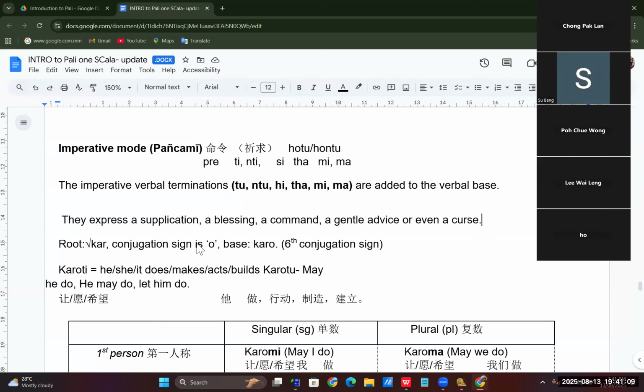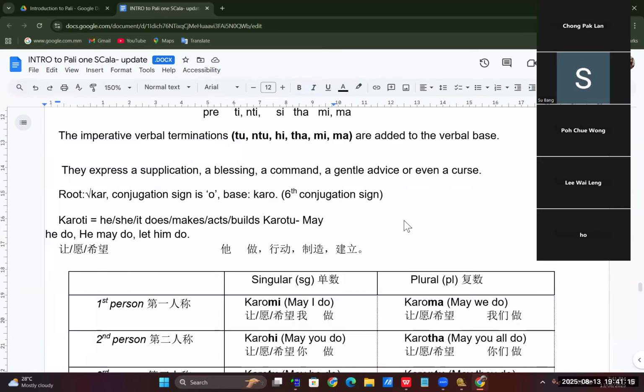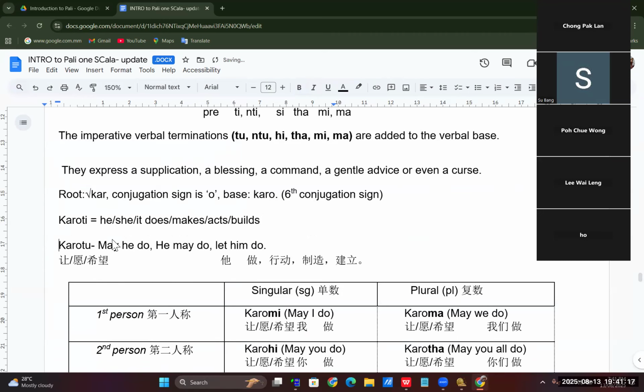Now the root is kar, for karoti. Here instead of karoti, remember we are now talking about tu, right? So anyway, the root is kar. There's a conjugation sign o. So when you combine, it becomes karo. So from karo, you put the tu.